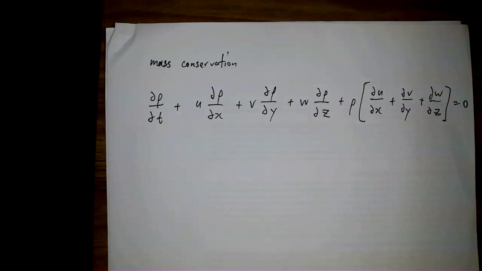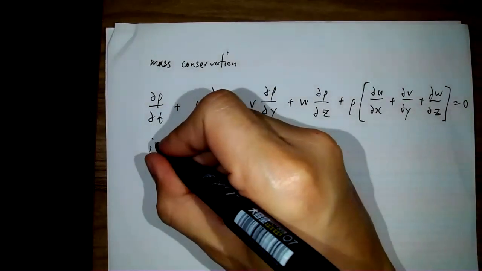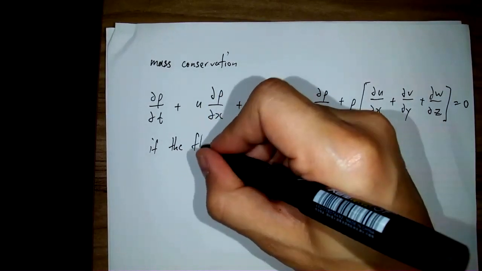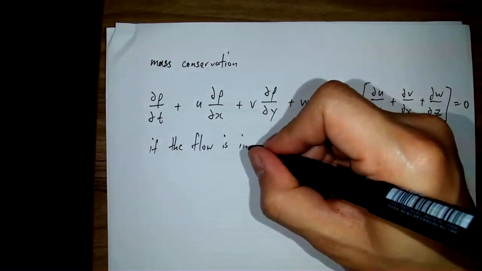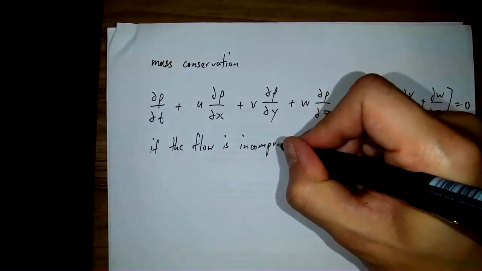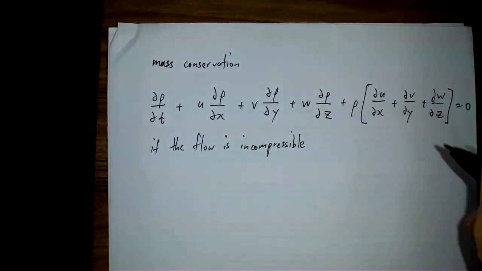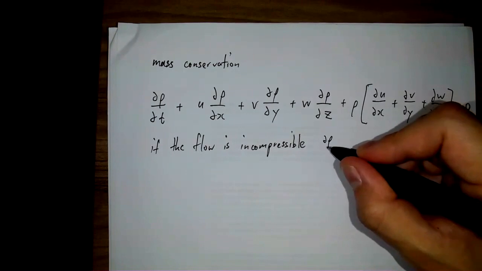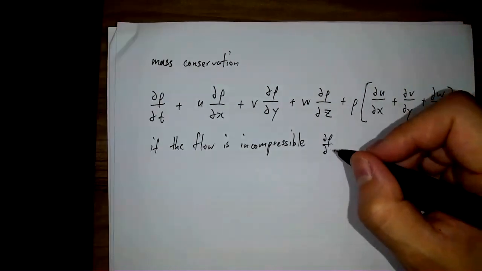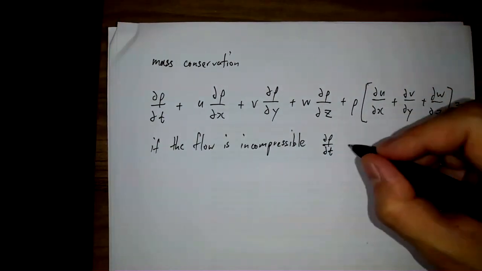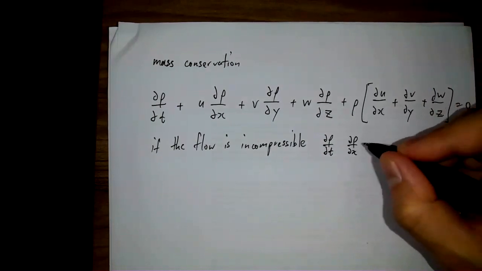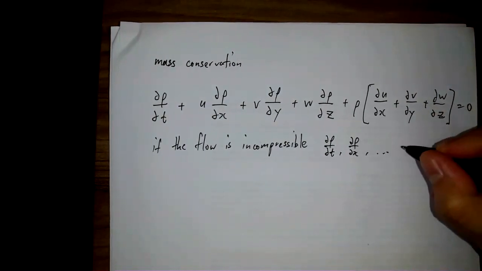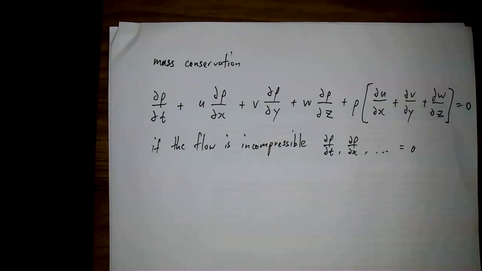That's the general form of the continuity equation after you expand it using the chain rule. If the flow is incompressible, meaning d rho dt or d rho dx etc. equals 0 because rho is a constant.